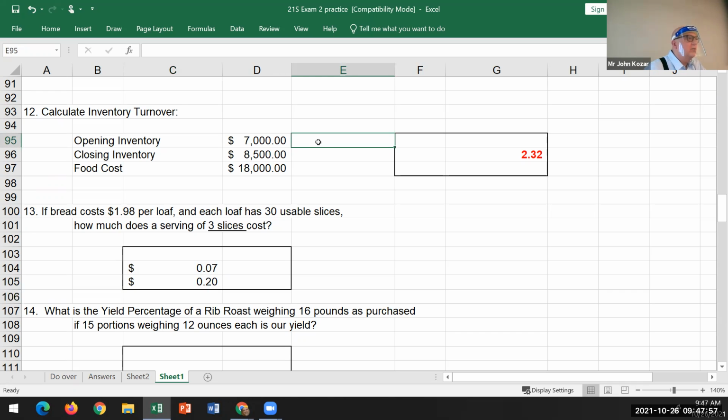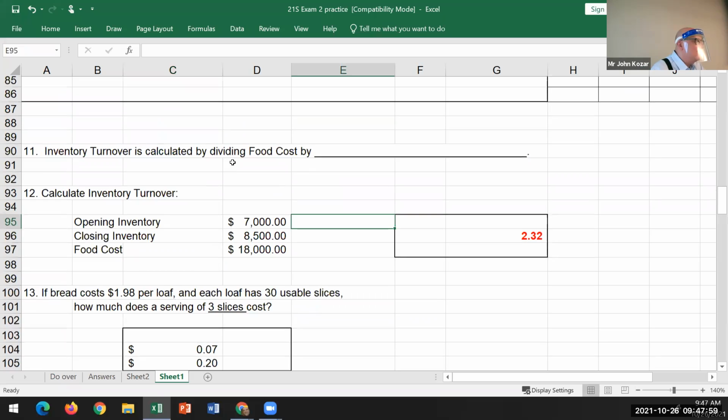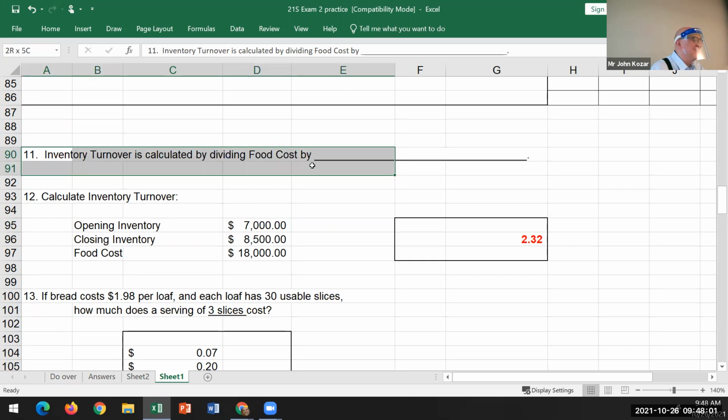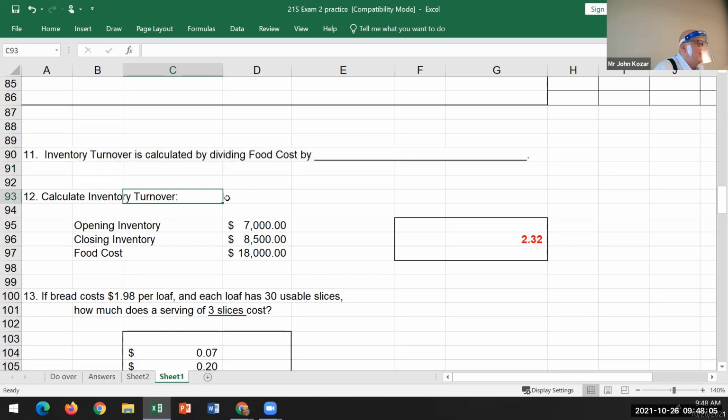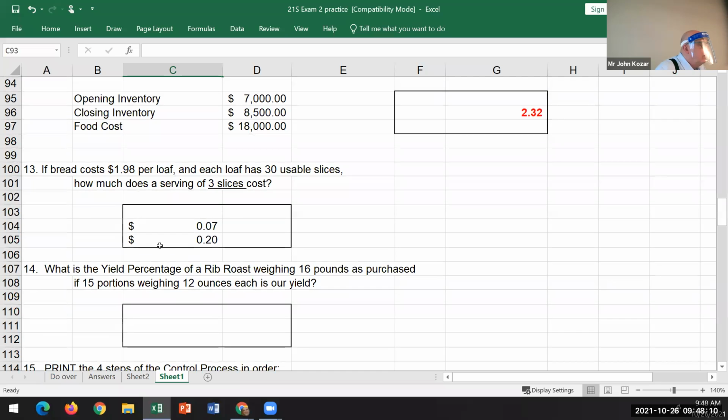Yeah, you have to get the average. That's why this question is up here. Okay, so our final answer on the loaf is either 20 or 21 cents.